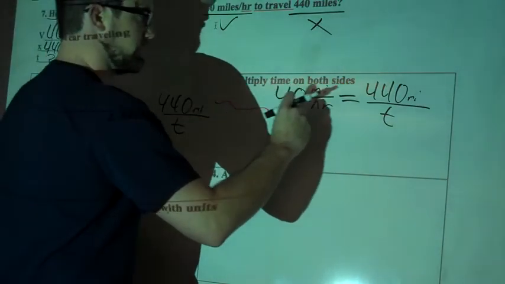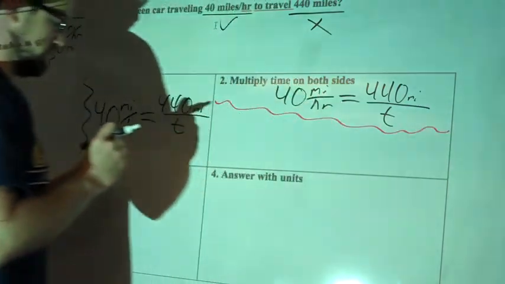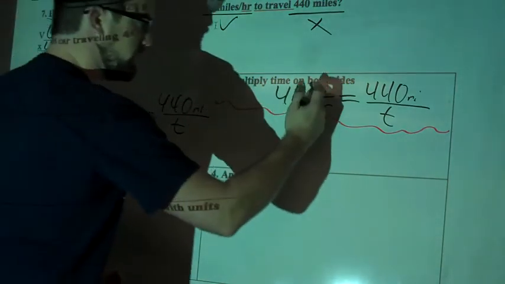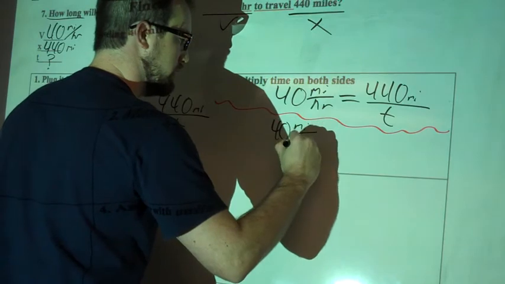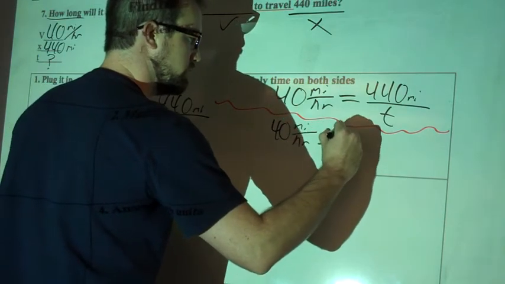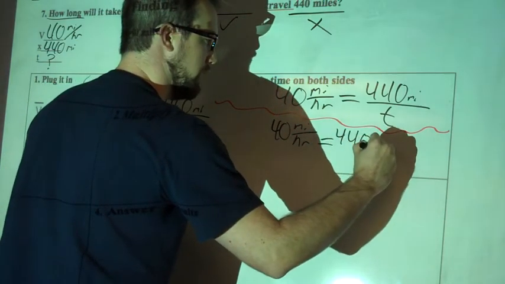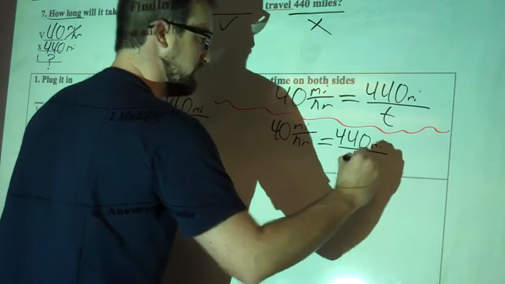I'm going to draw a little red squiggly here to separate that out. So I'll have 40 miles per hour still here, and that's going to equal 440 miles, still divided by time.